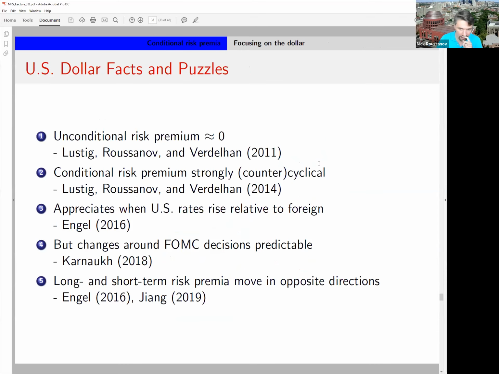To sort of summarize, we have a variety of facts now about the dollar that are kind of surprising. The fact that the unconditional risk premium is close to zero suggests that the US is an average country in terms of its exposure to the global shocks. This just seems hard to believe, even though it's consistent with some of this trade evidence that I showed.